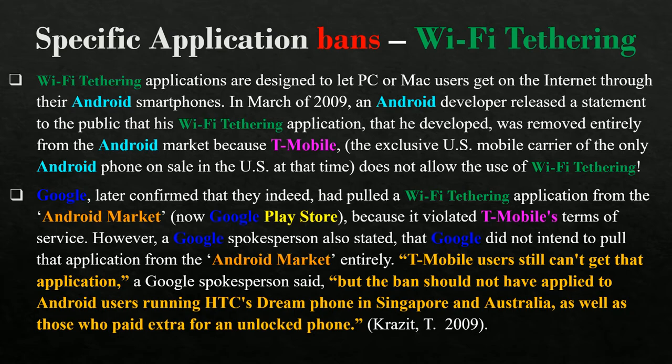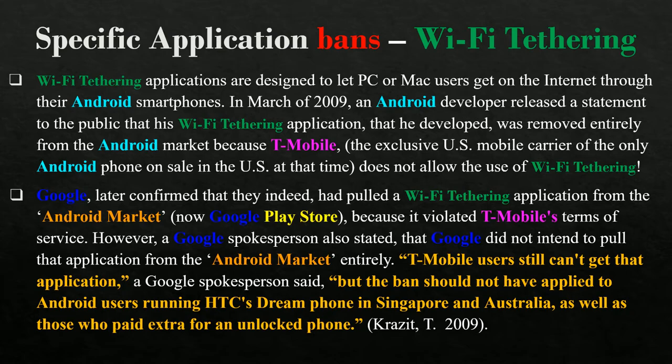Later, Google confirmed that they indeed had pulled the Wi-Fi tethering application from the Android market, which is now the Google Play Store, because it violated T-Mobile's terms of service. But a Google spokesperson also said that Google did not intend to pull that application from the Android market entirely.